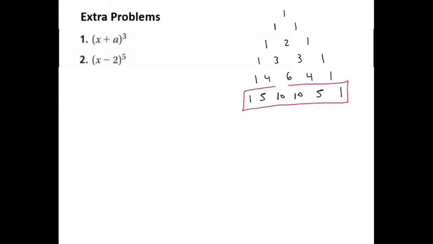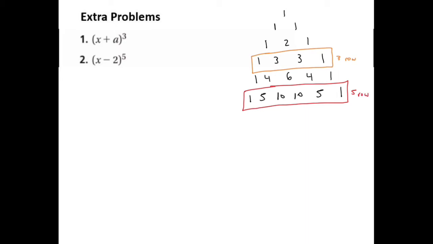So the bottom here, we've got row 5, and then right here, we've got row 3. So we'll use this one for 1, and then we'll use this one for 2.